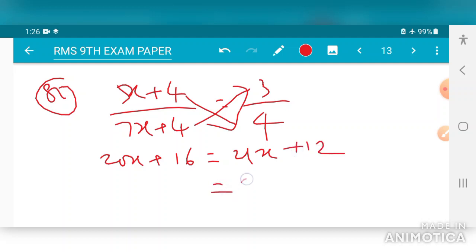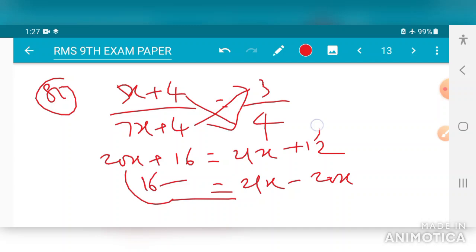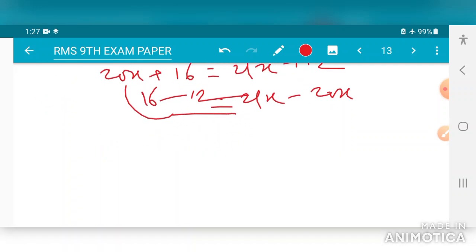So 21x is here. By taking 20x to the RHS, 20x minus 20x cancels, and transposing everything else, 16 minus 12 is 4. So 4 equals x.